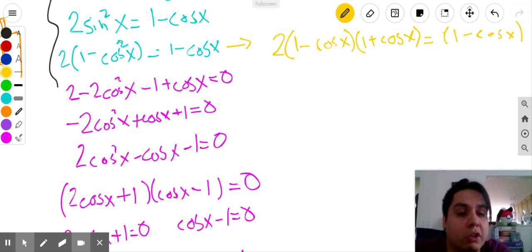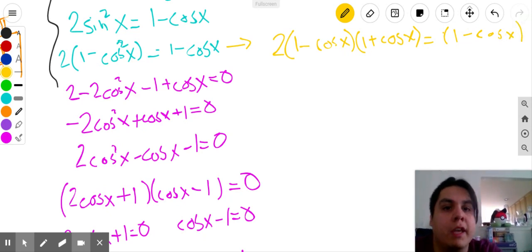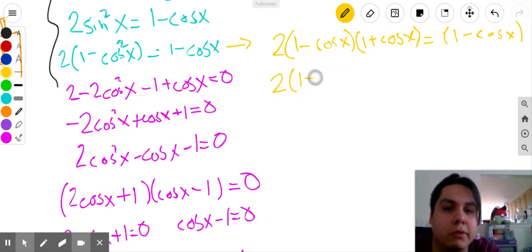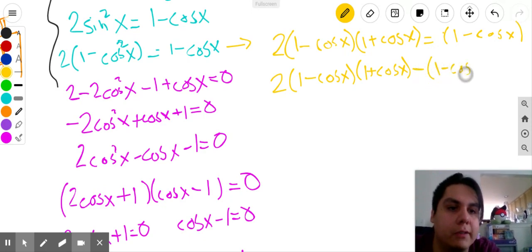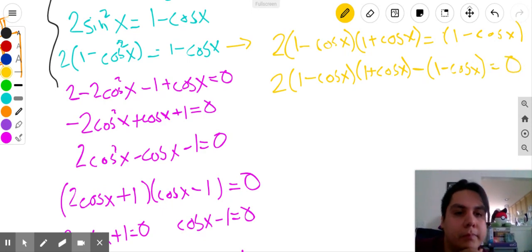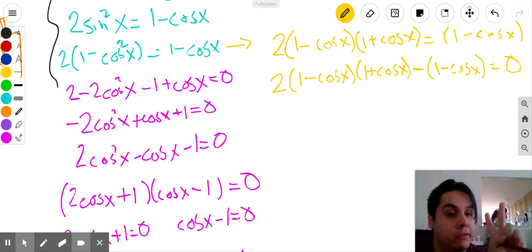Mathematically speaking, these are equivalent. So if I do that, then I can just move everything to the other side, set it equal to 0. So 1 minus cosine of x times 1 plus cosine of x minus 1 minus cosine of x equals 0.